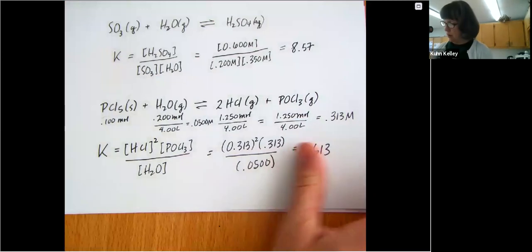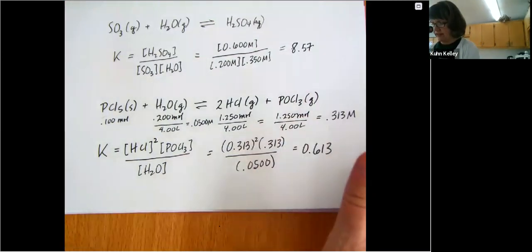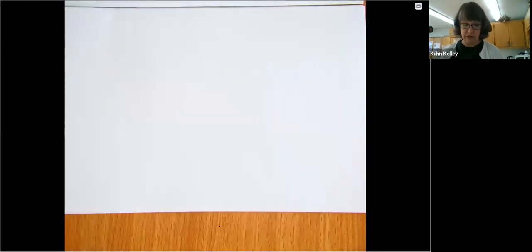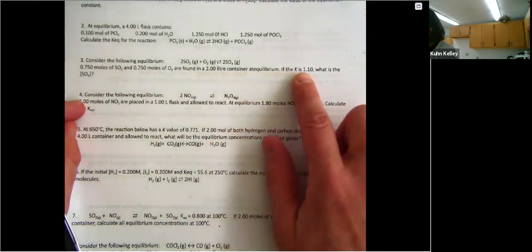Okay, so the third problem is our last one that is super simple. And by super simple, I just mean it's already at equilibrium. So our third problem says this: 0.75 moles of sulfur dioxide and 0.750 moles of oxygen are found in a 2-liter container at equilibrium. If the equilibrium constant is 1.10, what is the concentration of the sulfur trioxide?